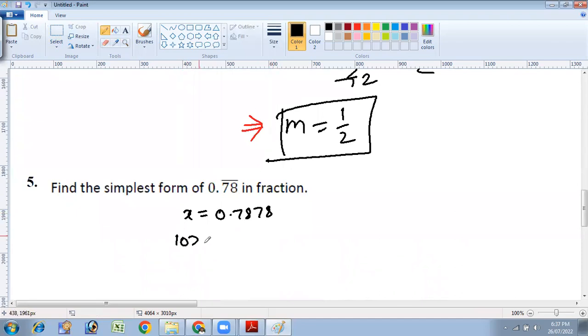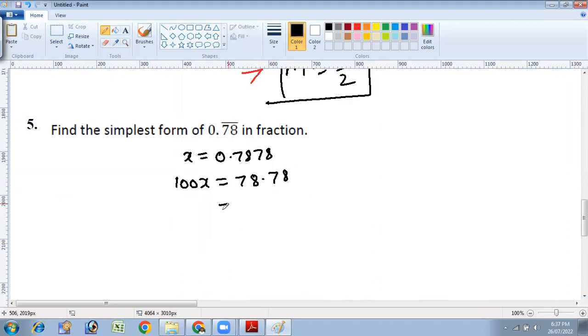You multiply, 100x is equal to 78.78. Am I right? Yes, sir. So it will be 78 plus 0.78, right? Then this value we can say it is x. So 78 plus x, and it is 100x.